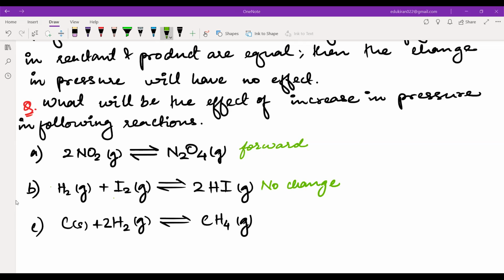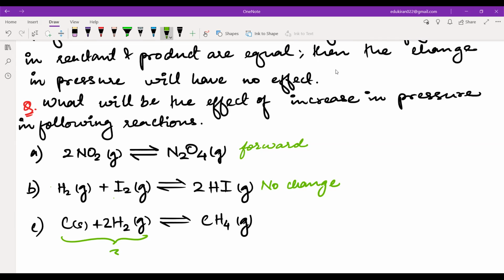Wrong answer, Aisha. What about the C question? Backwards. Why will it go backward? Tell me where there is more number of moles of gases. How many moles of gases are here? 3 moles?